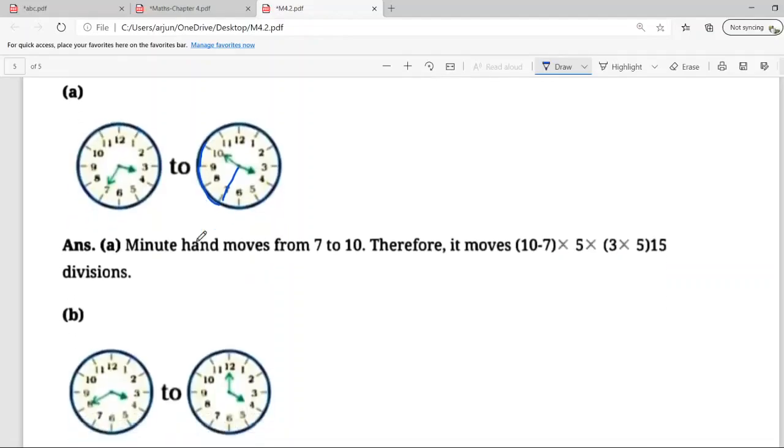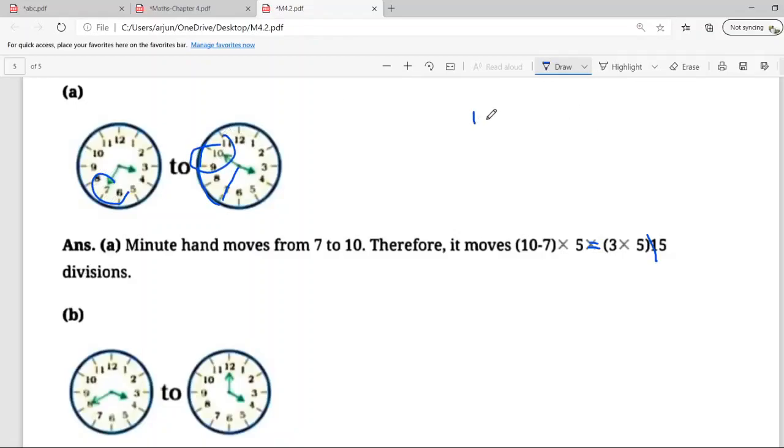So let's see one shortcut for how we can calculate this. The minute hand moves from 7 to 10. Here the multiplication sign will not be there, an equal sign will be there. What you have to do is subtract the smaller number, here 7, from the larger number 10.